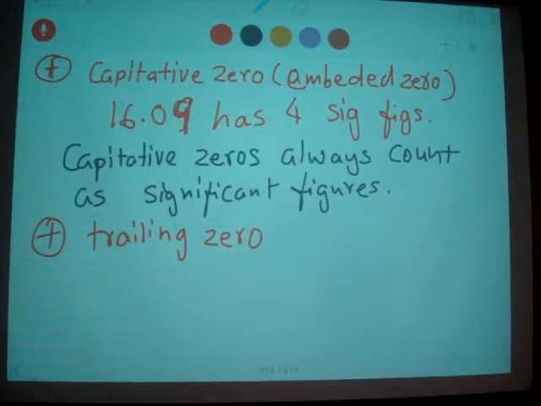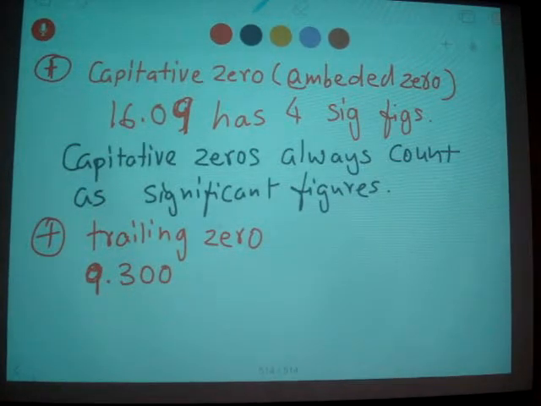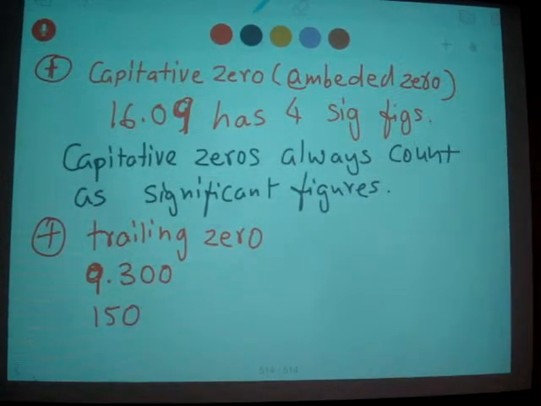So trailing means what? Towards the end, right? So there are two kinds, 9.300, or we can have 150. There are two types, okay? Now you can see these are trailing zeros. For these zeros, there is a decimal point, and for this zero, there is no decimal point, okay?